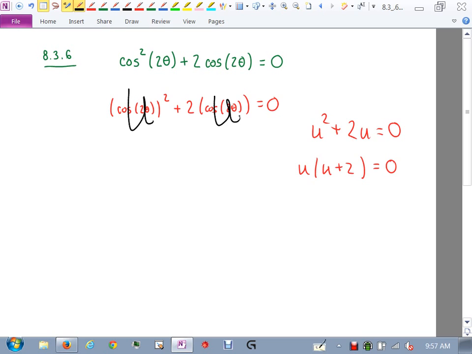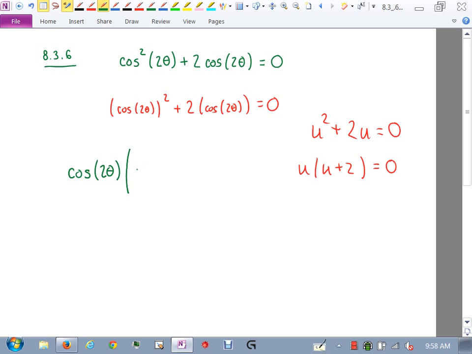Do y'all see that? Our u here in this case is actually the entire cosine 2 theta. There's two factors of it right there in the beginning. So I can pull one of those out like this and then leave on the inside this. Let me write it down and hopefully you'll see it. So I'm going to pull out a cosine 2 theta. What I'll be left with is what?